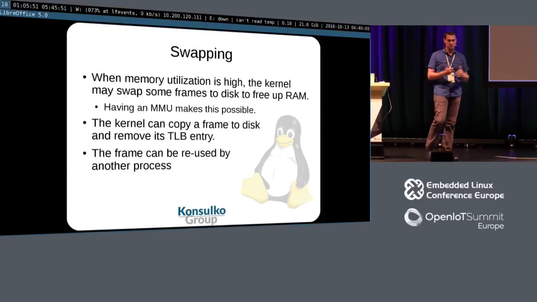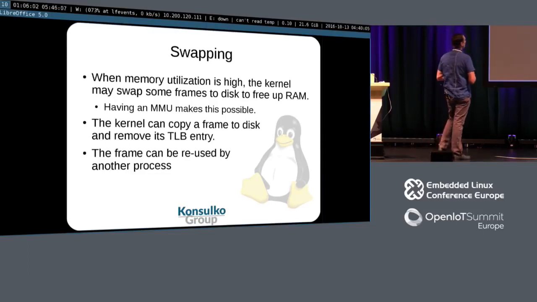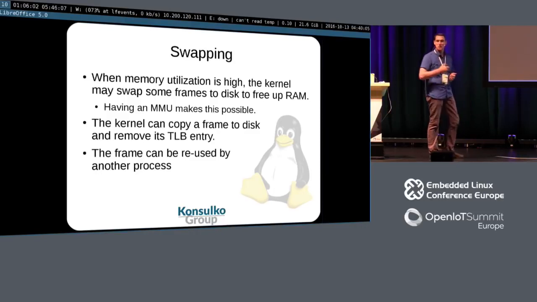We're used to our systems. We deal with our desktop systems, our development systems, where we have a lot of swapping out to our disk when we're doing heavy builds, right? Running low on RAM. And how this works is the MMU is the thing that enables this.